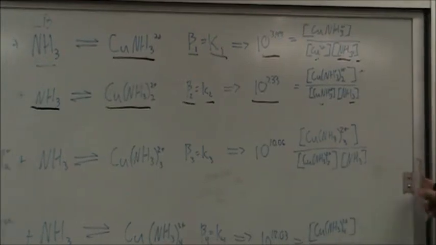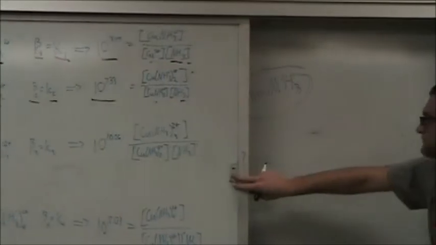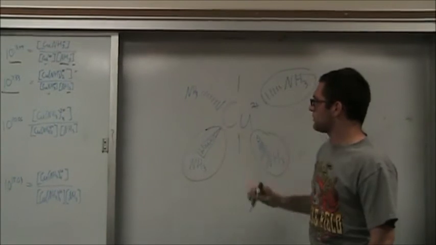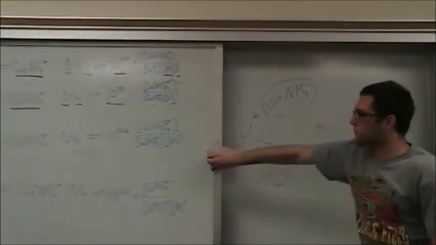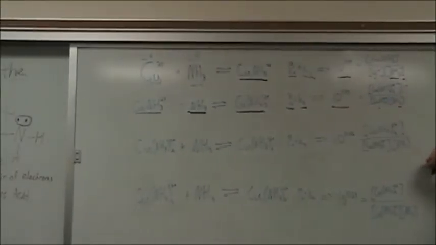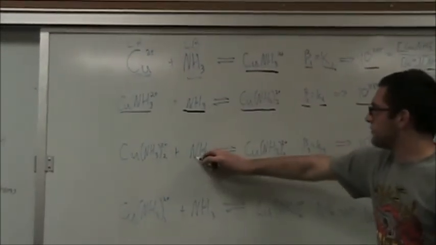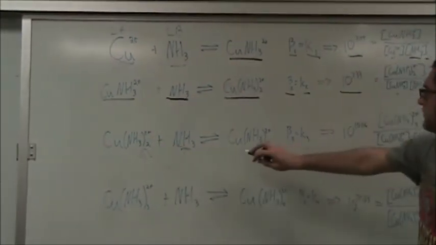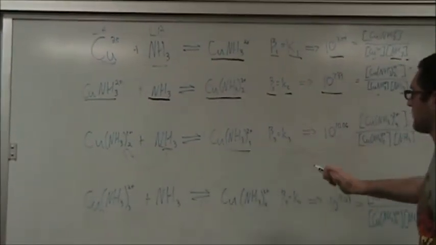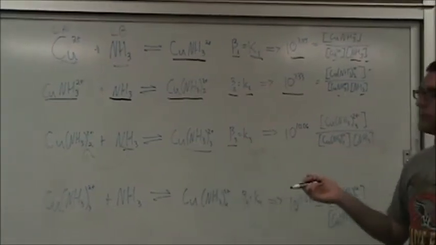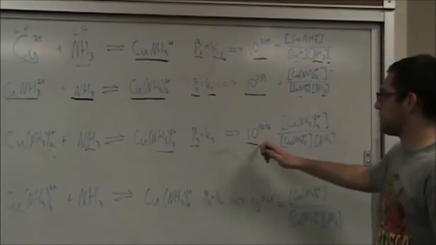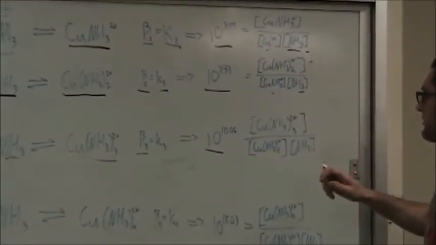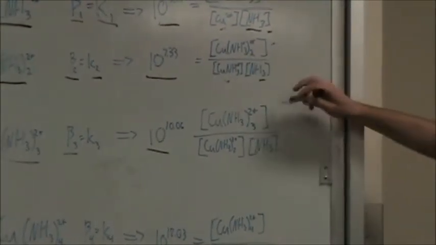Your third step, adding the third ammonia, which would be this one right here, since you already have the copper ammonia 2 in the solution, your third ammonia is going to bind to this and produce copper ammonia 3 with the third beta, again higher because you're adding a third one, and it's equal to 10 to the 10.06, and same as before, products over reactants.